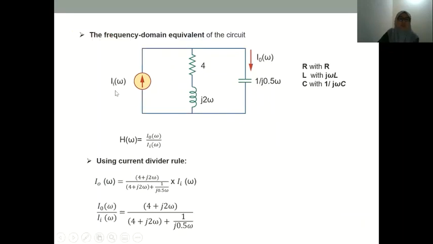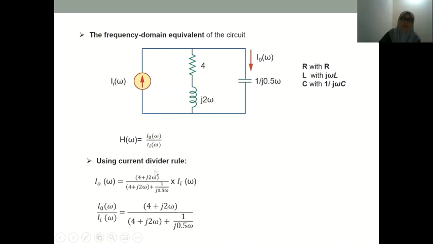So the first step you must take is to get the frequency domain equivalent circuit. You replace your R with R, your L with J omega L, your C with 1 over J omega C. So the transfer function is I output divided by I input.